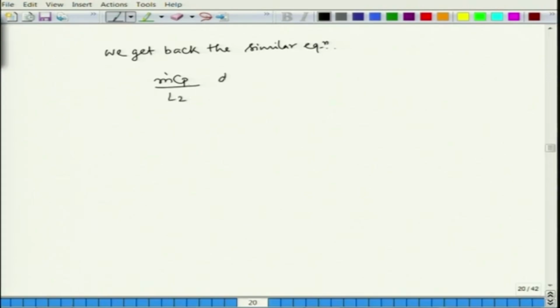So, that is why there are some external dissimilarities, but mathematically they look exactly the same. Okay. So, this is the governing equation for the heat gain of the air stream in the air heater.